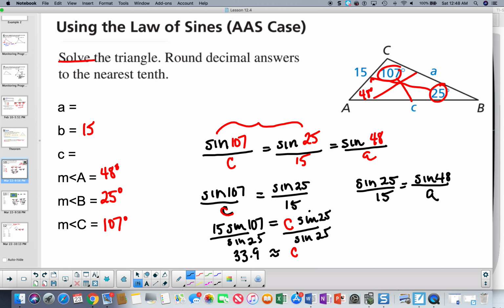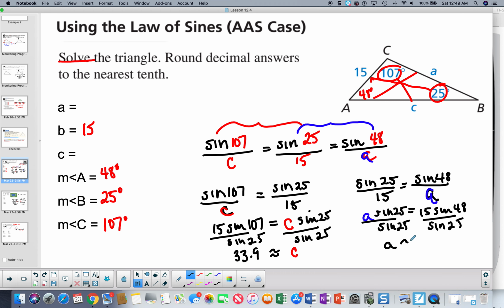Now I'm going to use these two right here to help me find A. So I'm going to try to find A right here. I'm going to cross multiply again, and that's going to be A sine of 25 equals 15 sine of 48. Now don't use a calculator yet. Try to get A by itself by dividing by sine of 25.